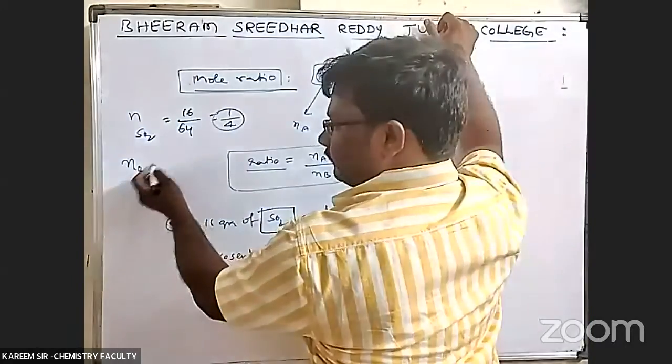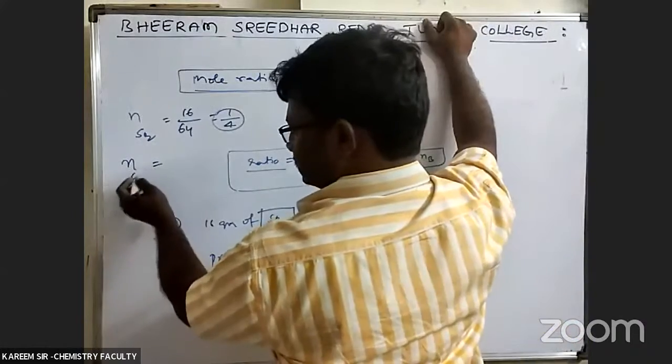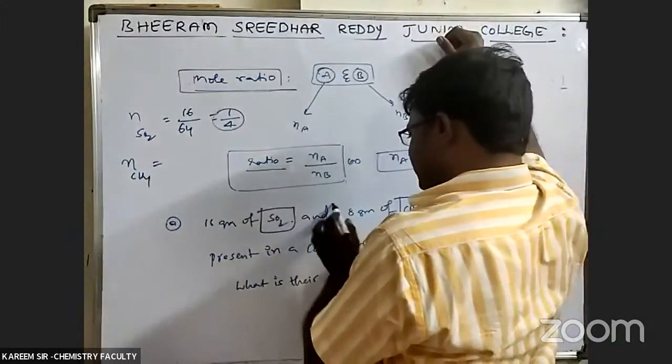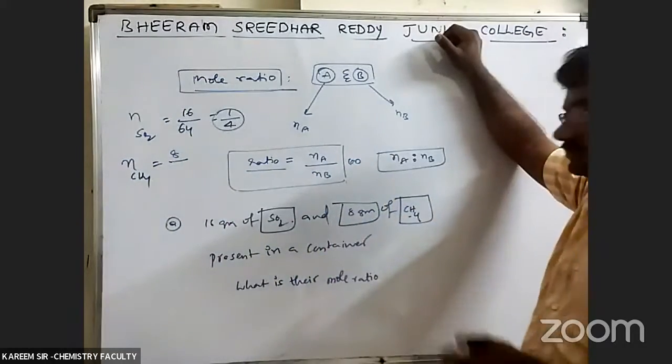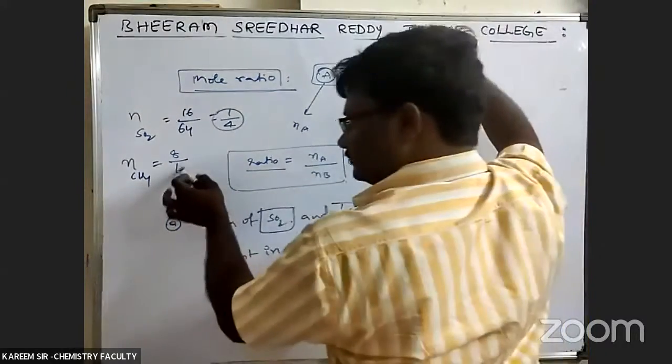And for CH4, its weight is given as 8 grams, and the molar mass of CH4, methane gas, is 16.